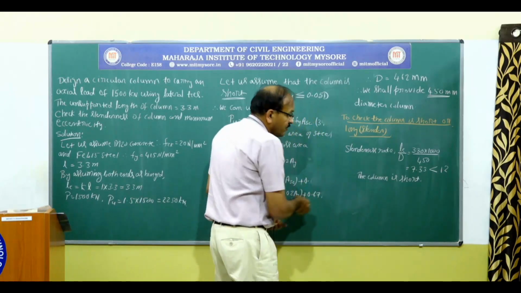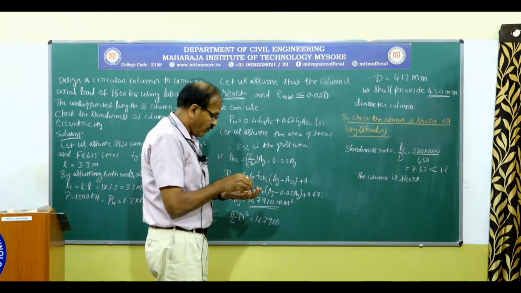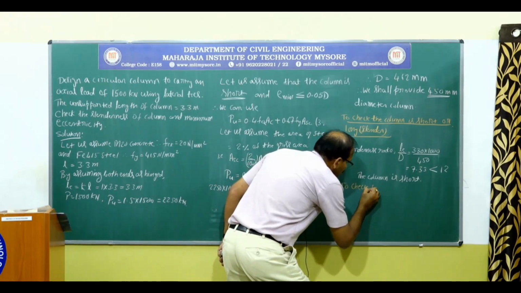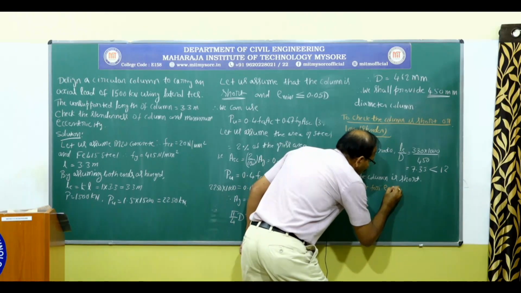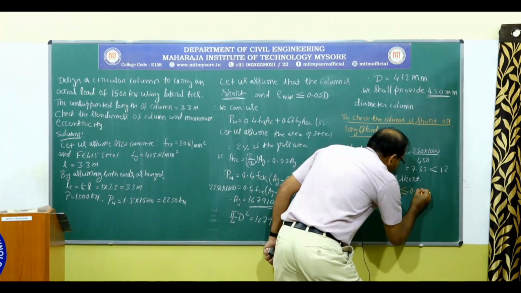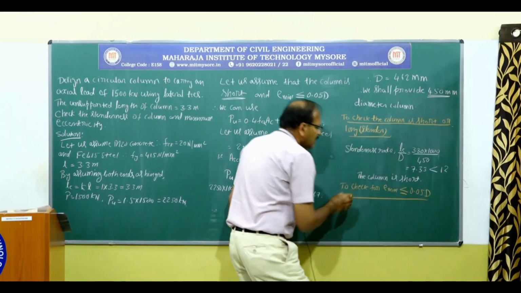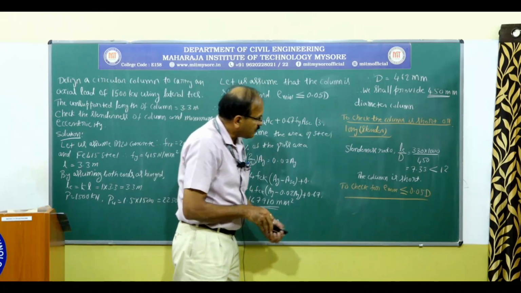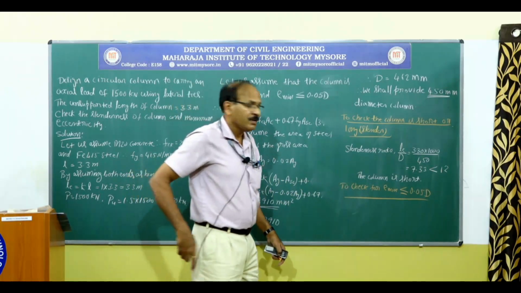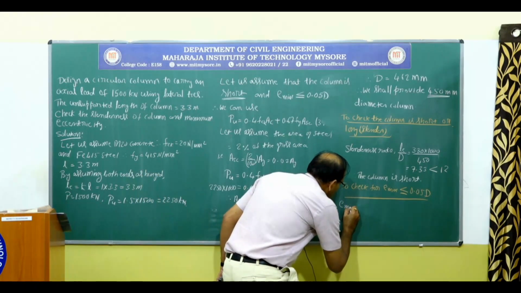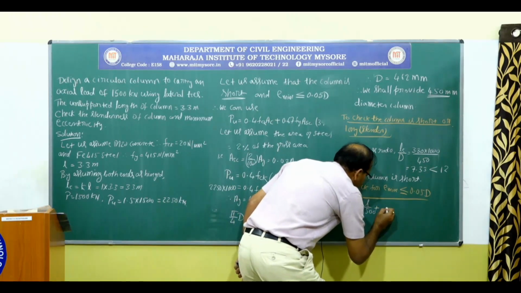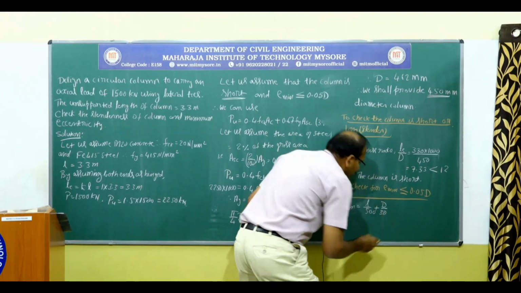The next condition we have to satisfy is whether e minimum is less than or at most equal to 0.05 D. To check this, first we have to find out what is e minimum. e minimum equal to L by 500 plus D by 30.